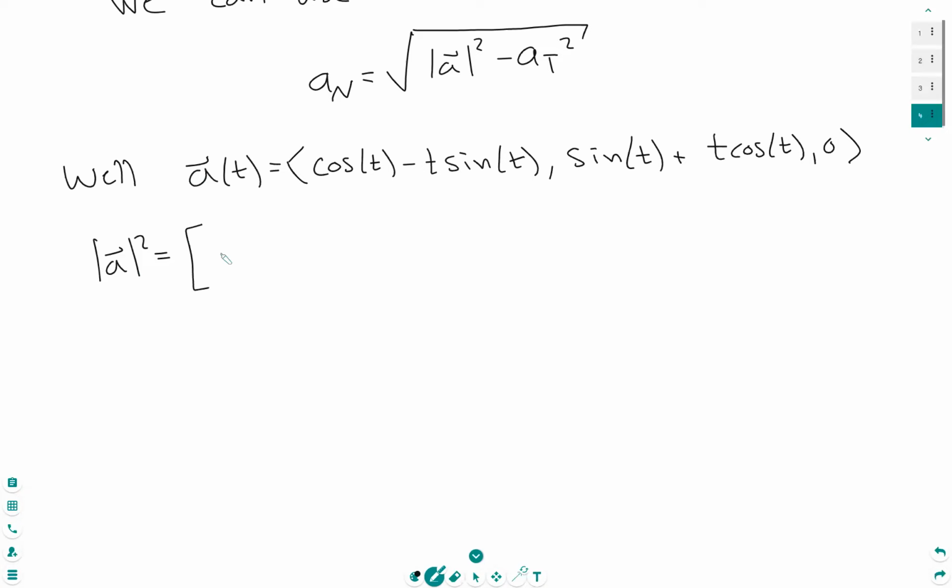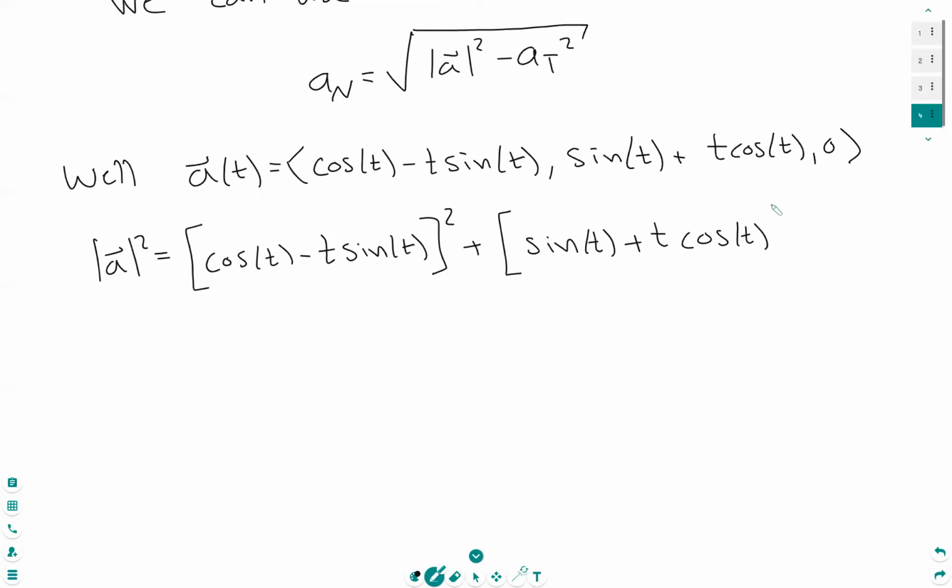So I get cosine of t minus t sine of t, squared, plus sine of t plus t cosine of t, squared. So we FOIL both of these out.